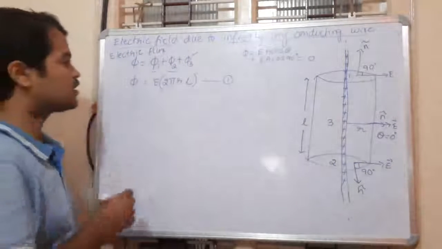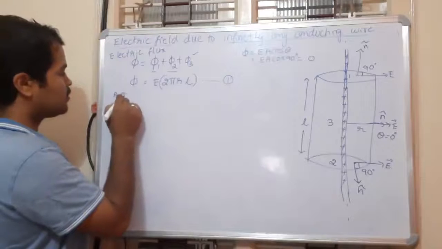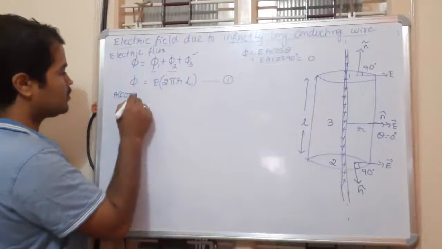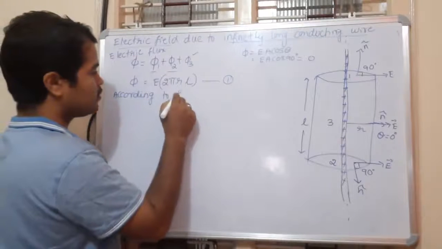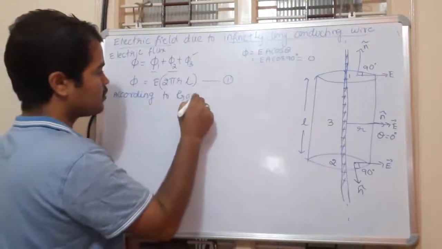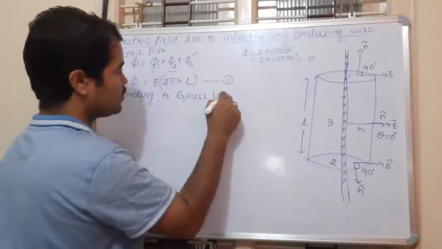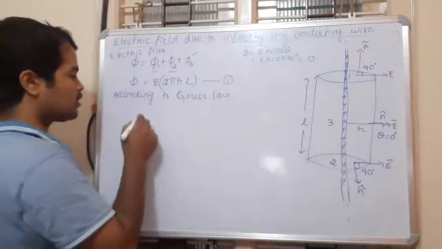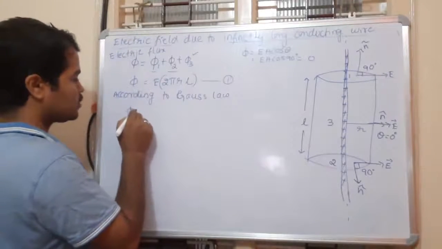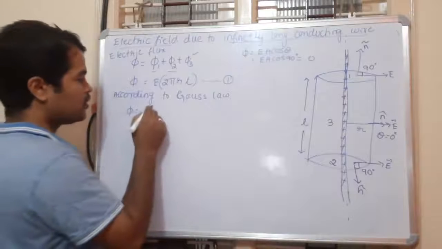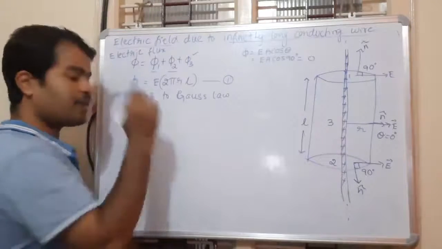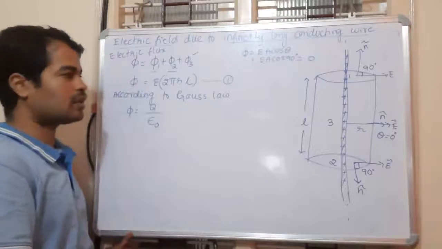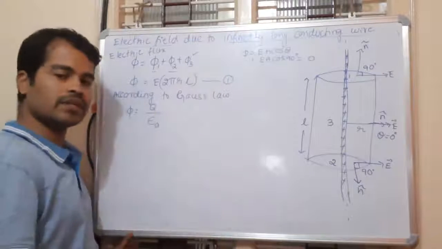Now according to Gauss theorem, let us see. According to Gauss law, total electric flux through any surface is equal to what? Total charge enclosed by the body Q by permittivity of free space, that is epsilon naught, and we are doing it in air medium.